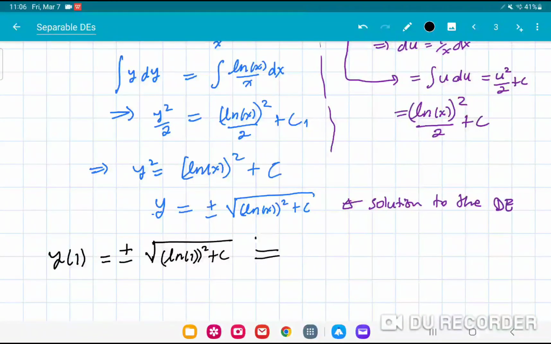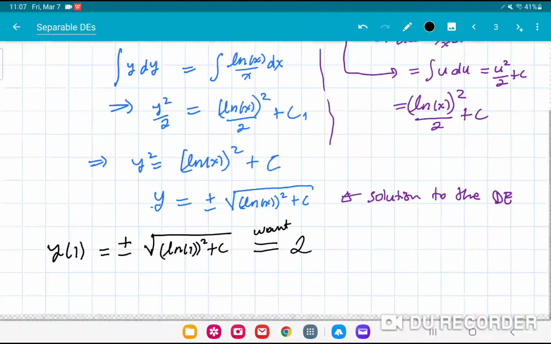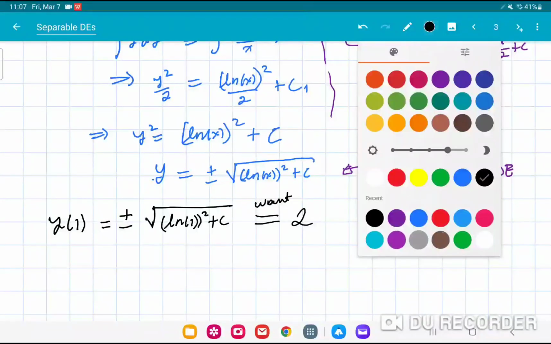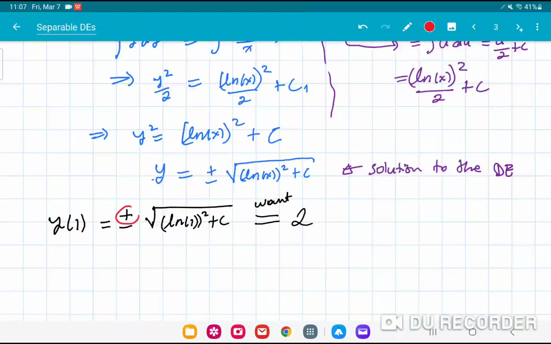We're going to want this to equal 2. Now the negative is never going to equal 2. So this initial value condition picks out one of the two. Picks out the plus because this is positive 2. If it was negative 2 or a negative number, we would have picked the negative.